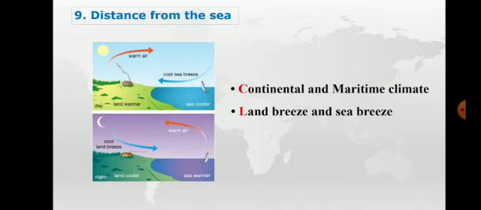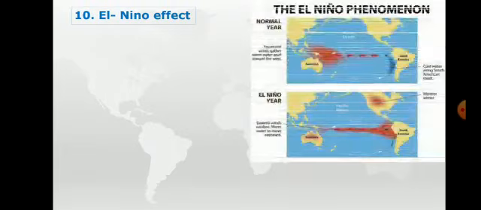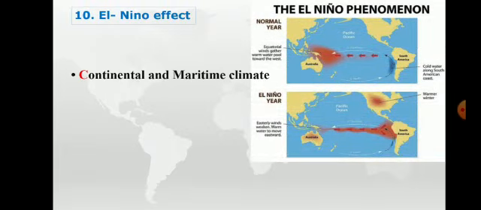Okay. Next we'll go to the last point, that is the El Nino effect. El Nino is a warm ocean current which appears off the coast of Peru in South America during the month of December. You can see in the picture over here.